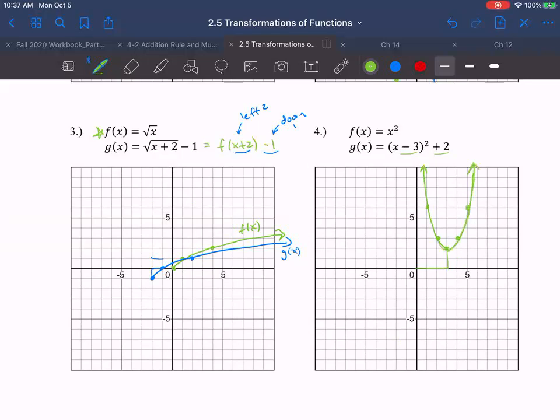All right, just like that. And there you go. That's the answer you should have gotten for that one. Right 3, up 2, just like that. Okay. So let's see any questions on those two.